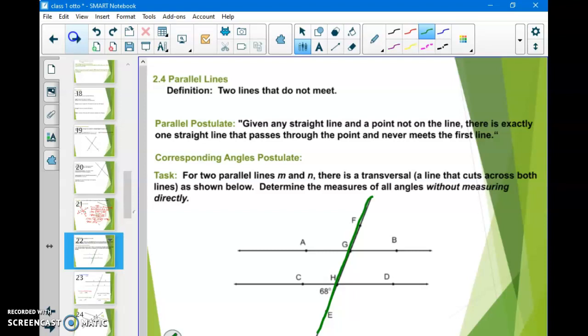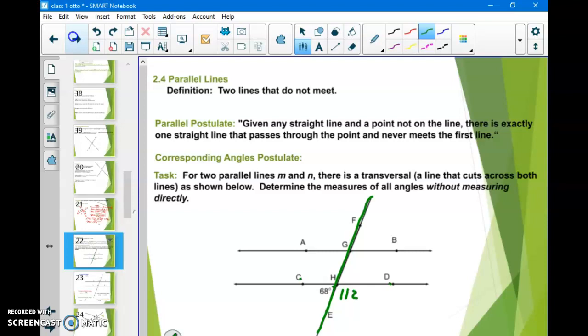Determine the measure of all the angles without measuring directly. Since it's a straight angle here, CHD is a straight angle, we know that this would have to be 112 to add up to 180.